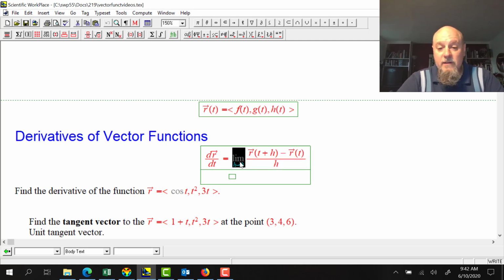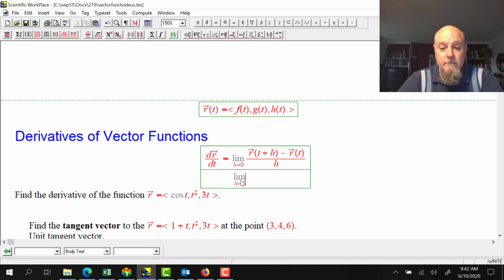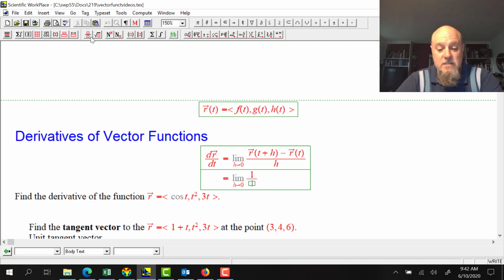so now I'm taking this limit and I need the function. So this 1 over h, let's take that to the outside here. h is going to 0. And we've got this function with t plus h plugged in.